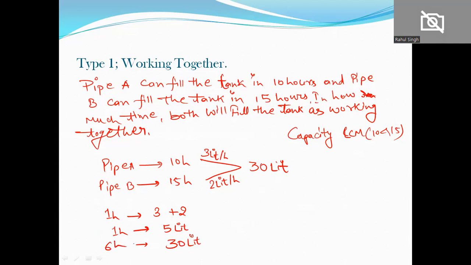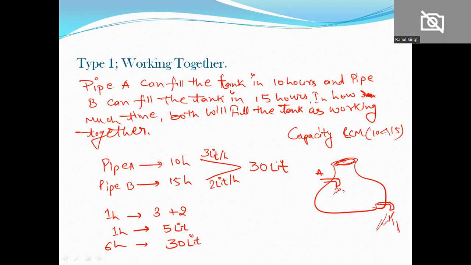Alright. Now let's imagine that pipe A is filling the tank. Let's say this is a tank, and here is pipe A. It is filling the tank, and there is a pipe B which is emptying the tank.